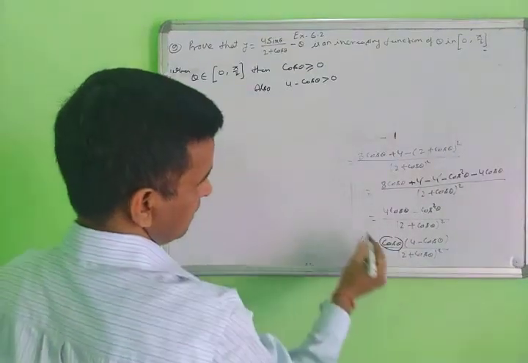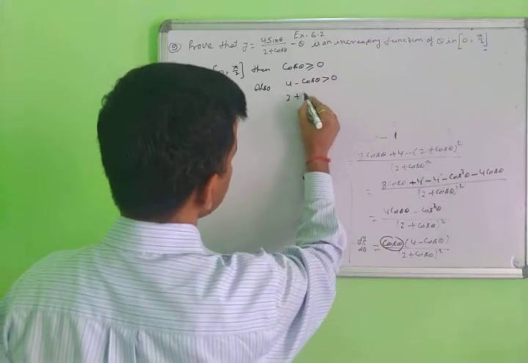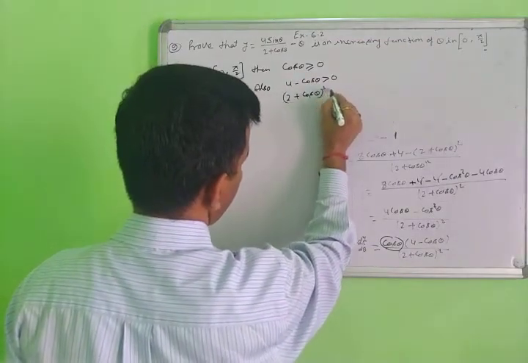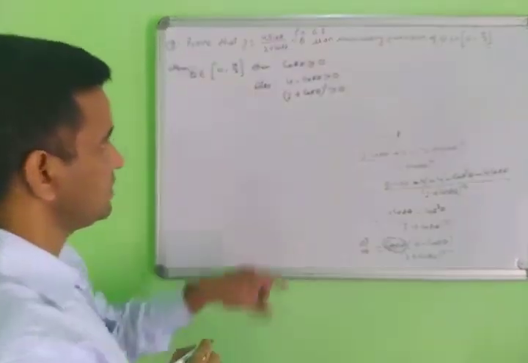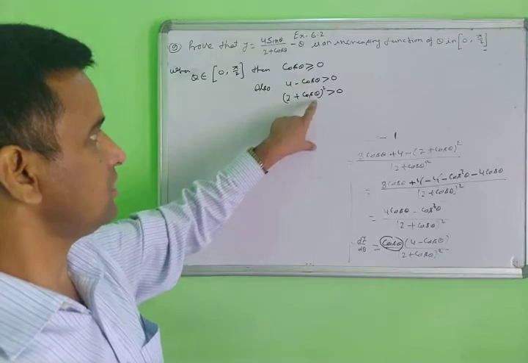And also, 2 plus cos theta, whole square, is also greater than 0. Same thing here: a negative value squared is greater than 0, and a positive value is also greater than 0.